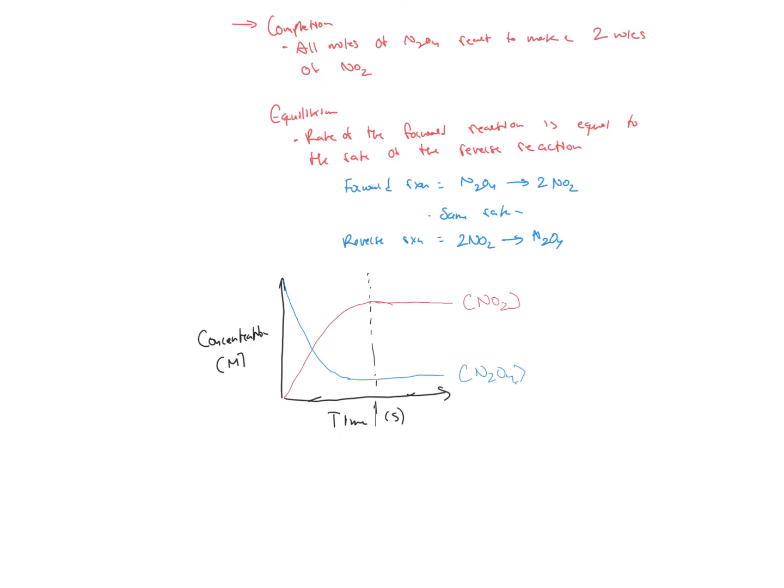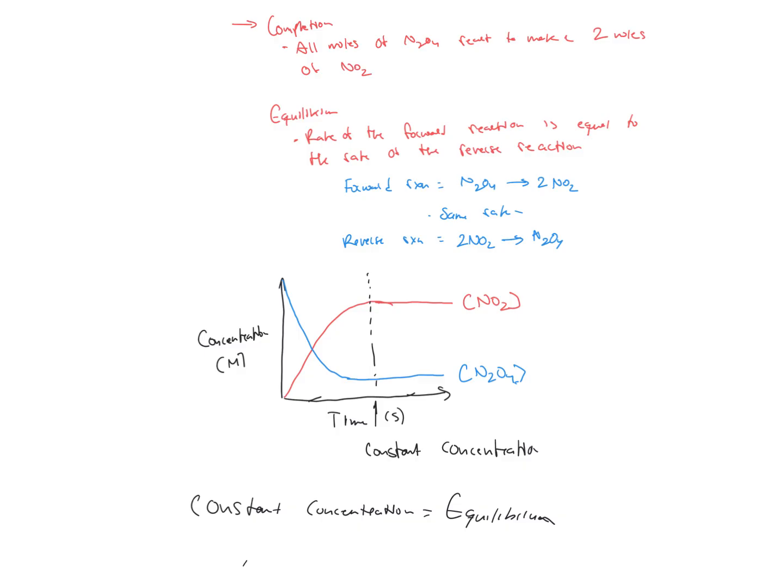And so once these both are constant, this point meaning constant concentration means that your reaction is at equilibrium. Or in other words, you're going to make a bunch of NO2 until the change in concentration is constant.